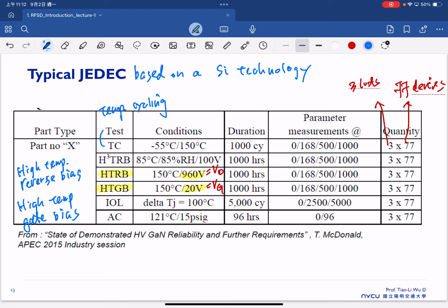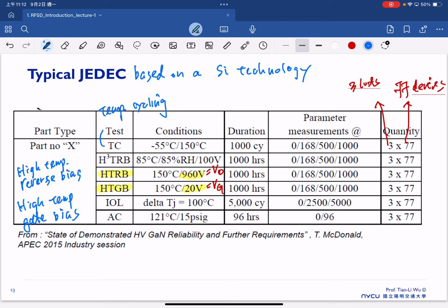But the problem is that before we redefine the JEDEC, we first need to understand the physics, why this testing methodology is suitable for a certain technology, because this testing is based on the failure physics of one specific technology.